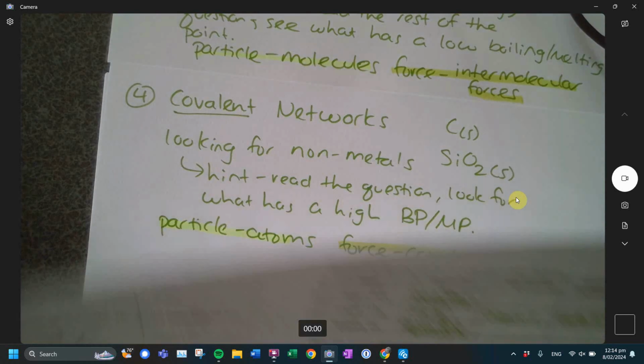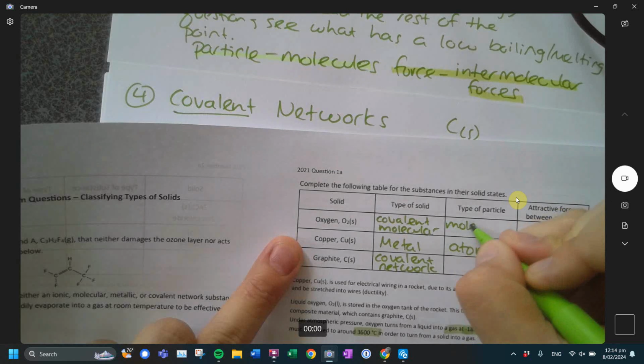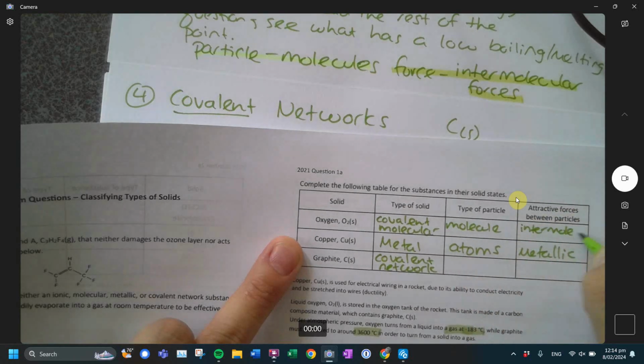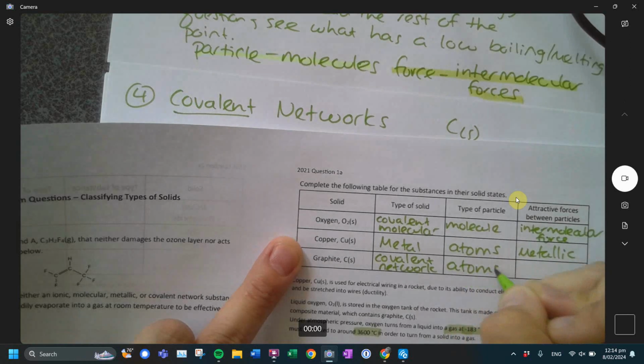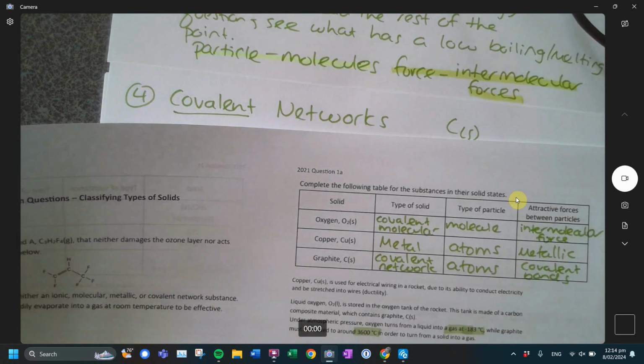So if I was to finish filling this in here, particle type would be molecule. This would be intermolecular. And then this would be atoms as well, and this would be covalent. If you can't classify them, it's going to snowball, and the rest of the answer is going to struggle.